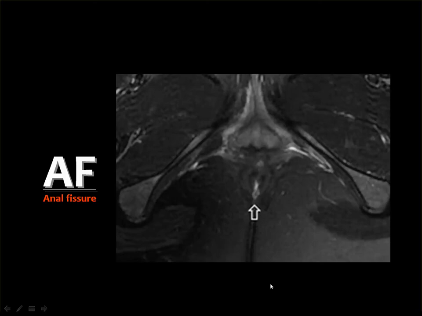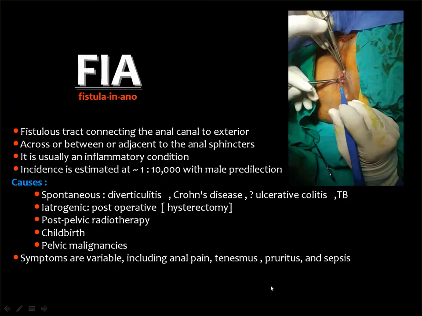the internal anal sphincter. Now we came to an important issue in this area, which is the anal fistula or fistula in ano. Fistula means that there is an internal opening within the anal canal and an external opening at the skin in the perianal area.